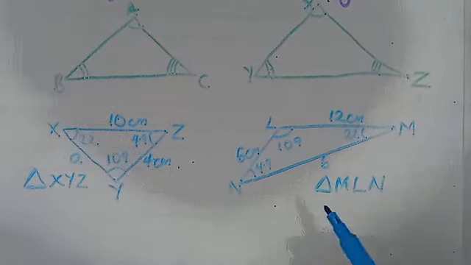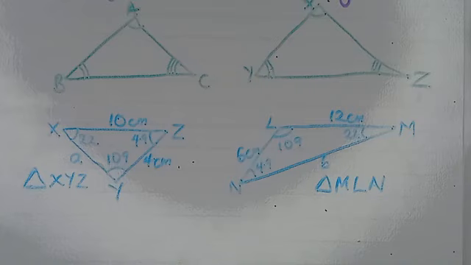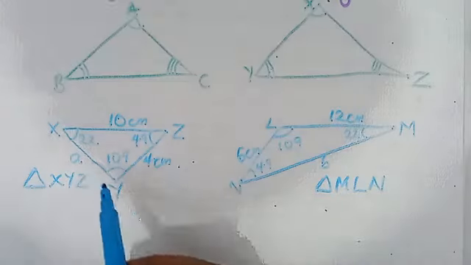So how do we go about that? Having named our triangles correspondingly, we are going to start from this side we know, which is side XY.